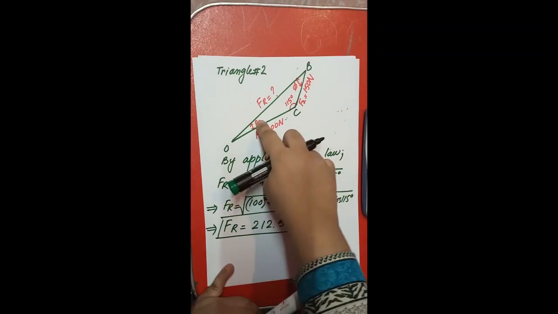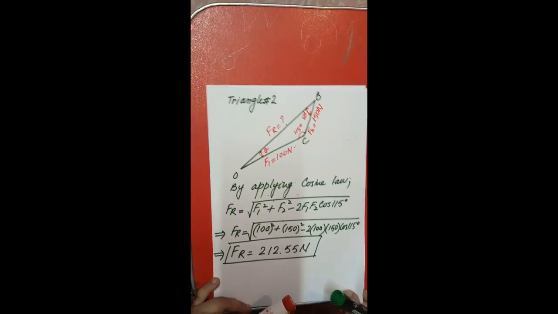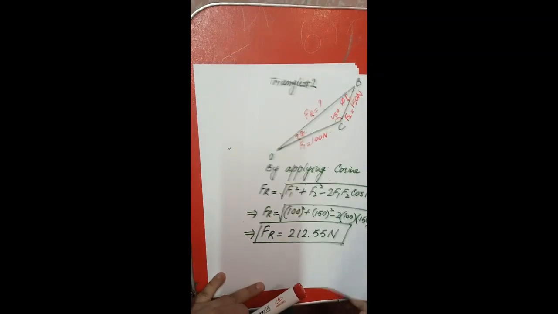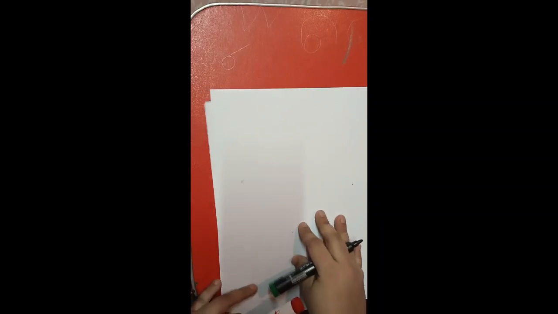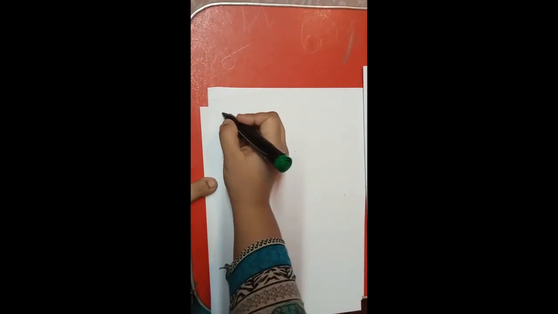Now we have to find out theta and phi. How can we find them? By applying sine law.